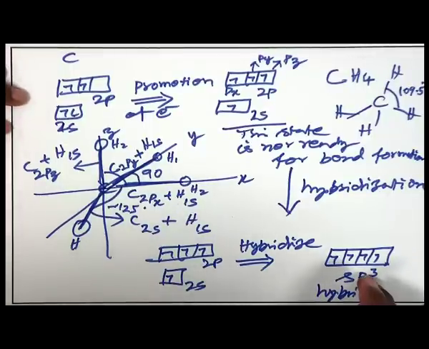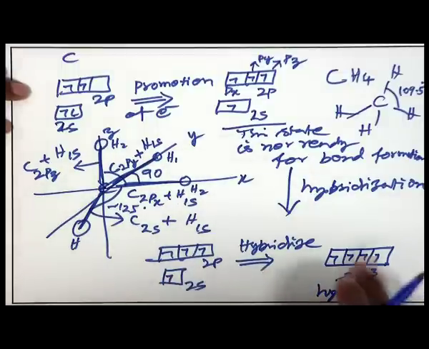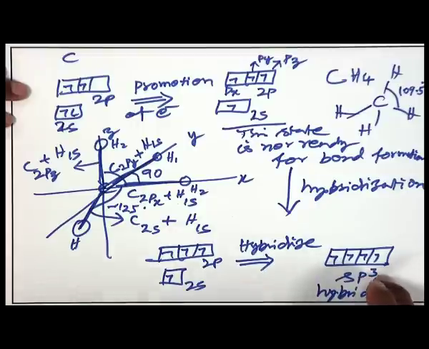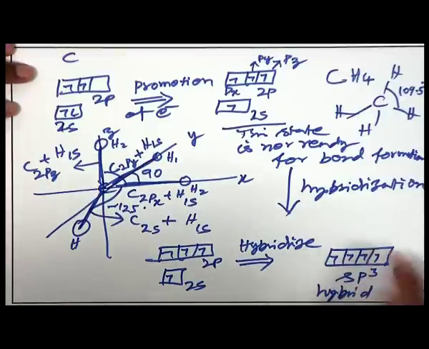So, you can see the number of atomic orbitals which are hybridized is equal to the number of hybridized orbitals: 4 atomic orbitals combined to give 4 hybridized atomic orbitals. After hybridization, the energy of these orbitals is the same.